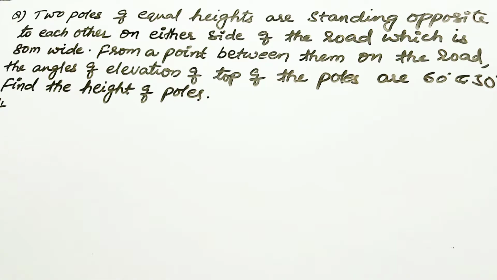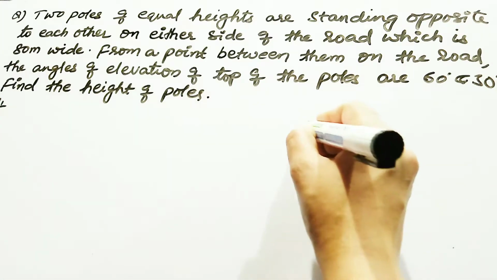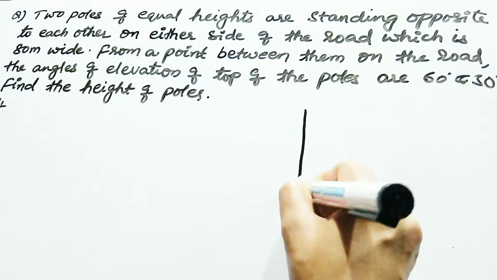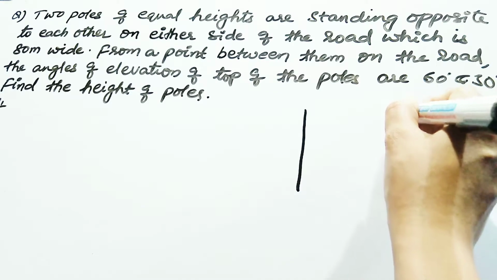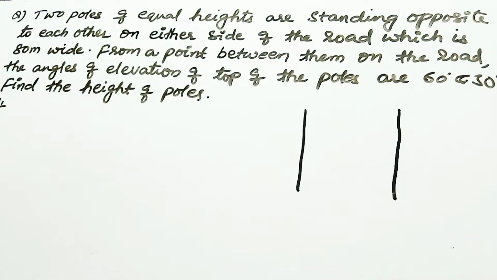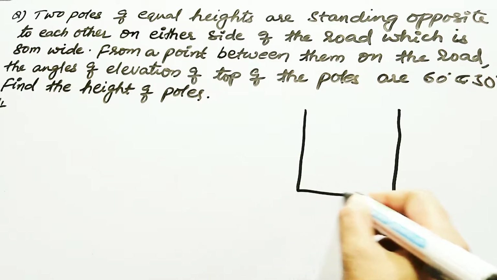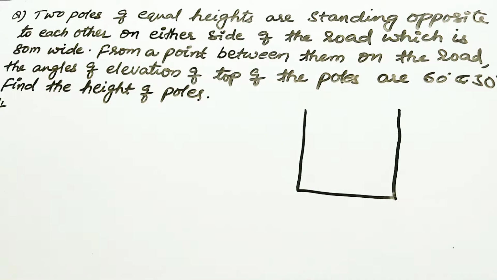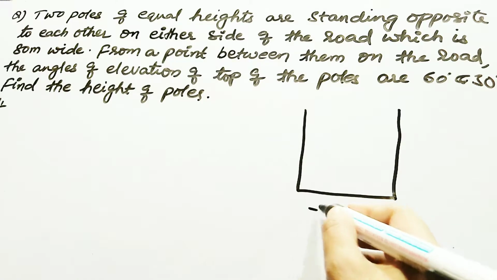Two poles of equal heights are standing opposite each other. This is one pole, this is another pole, of equal heights, standing opposite to each other on either side of the road. This is your road, which is 80 meter wide.